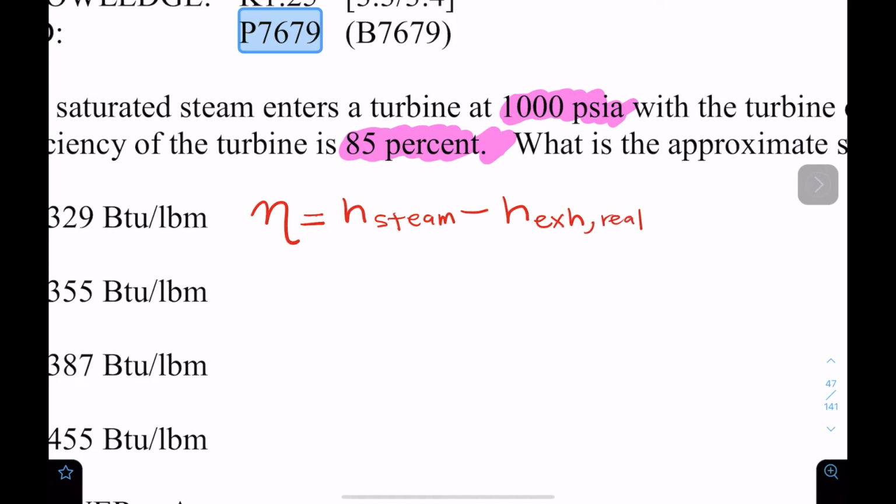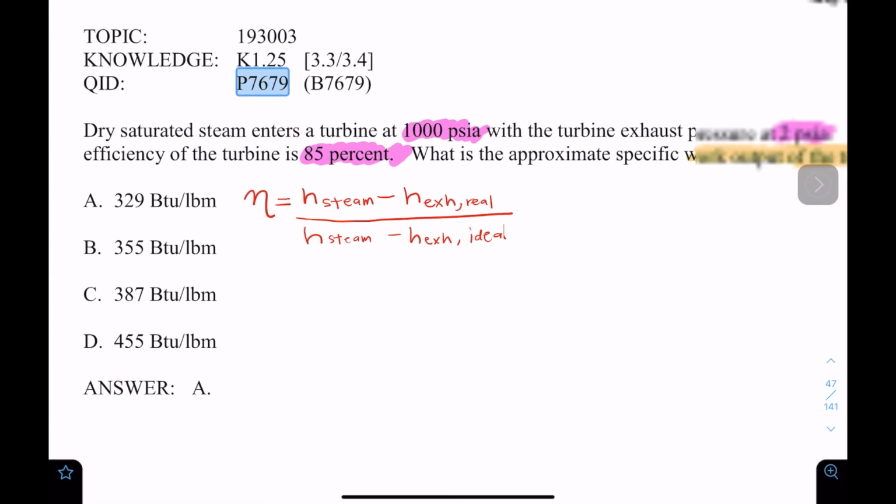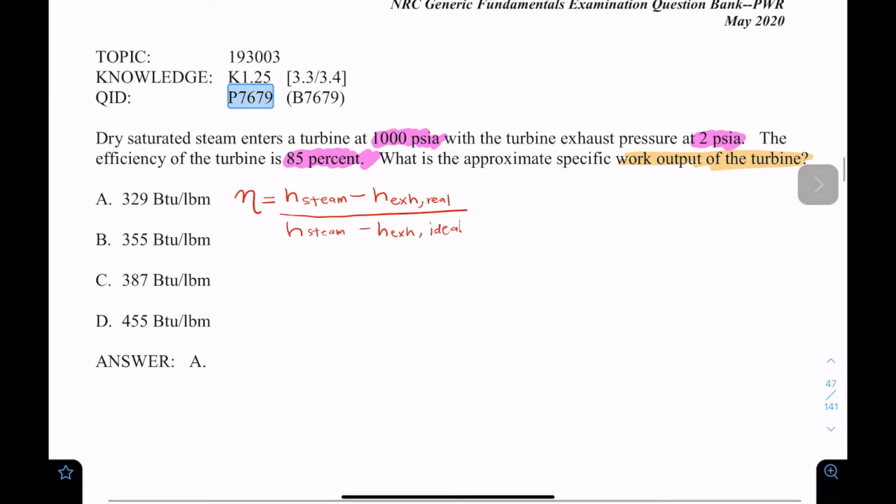This is real. And this is ideal. Okay? Because we are given that information already. So what we have to do is, let's go to our steam tables.